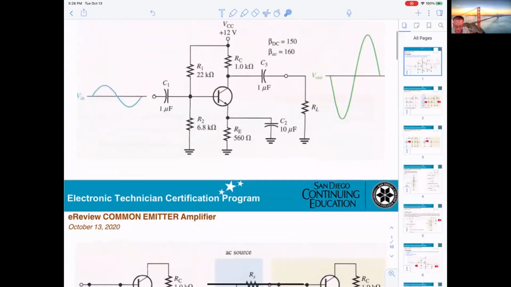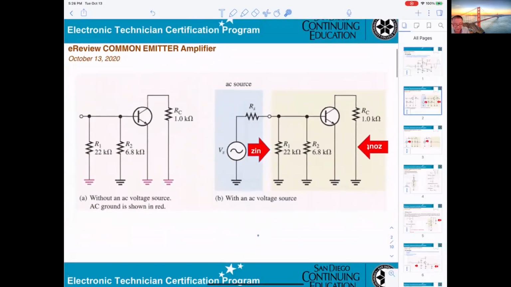Okay, and now you can see on this one, they still keep the capacitor, okay, but they draw it for you. R1, R2, now they will be connected to the base and connected to the ground. You know why? The thing is, VCC, they short it to ground.